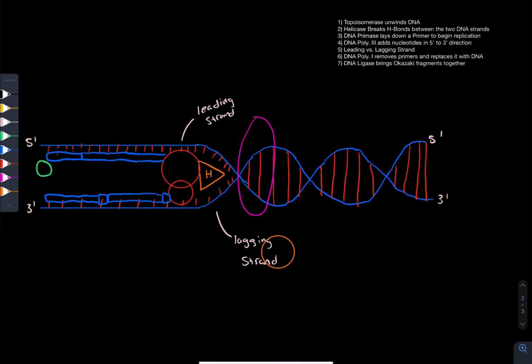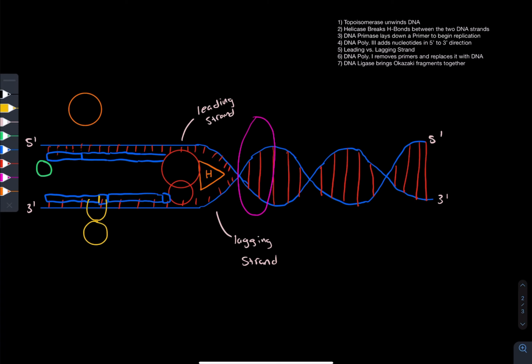Now that leaves us with our last thing. We're going to have something called a DNA ligase that's going to come, and you can think of it as a little worker with duct tape. It's going to come here with his arms, and it's going to seal these patches of DNA that were not connected because the Okazaki fragments were made separately, especially on the lagging strand.